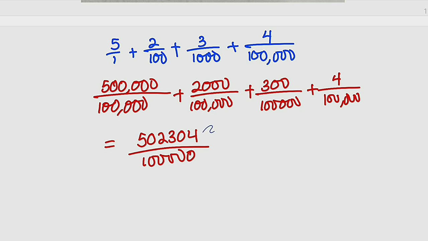It contains 5 zeros. So we have 1, 2, 3, 4, 5. Drop your decimal at that point. So we have 5.02304. This is our final answer.